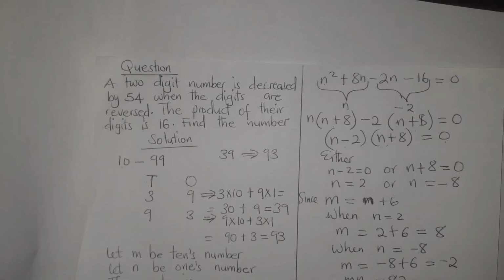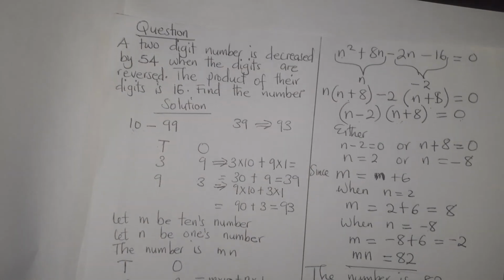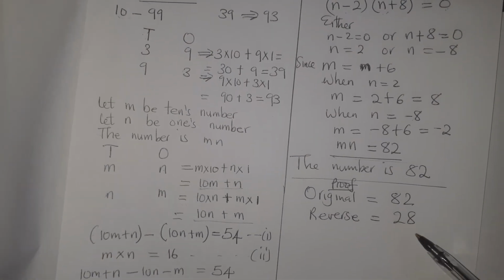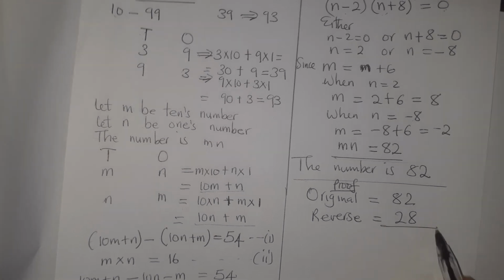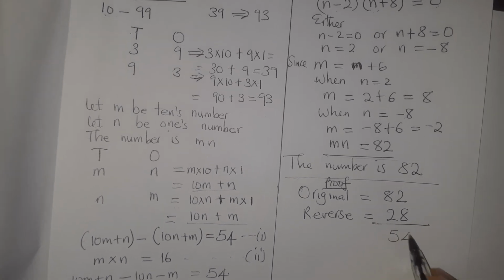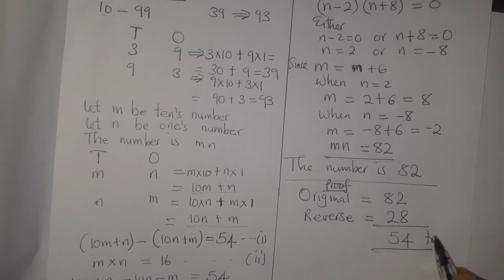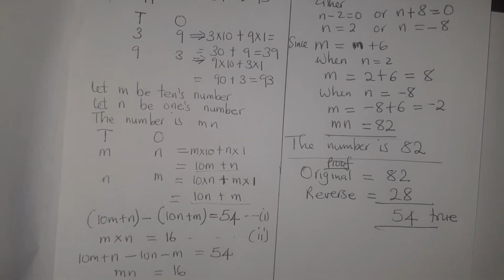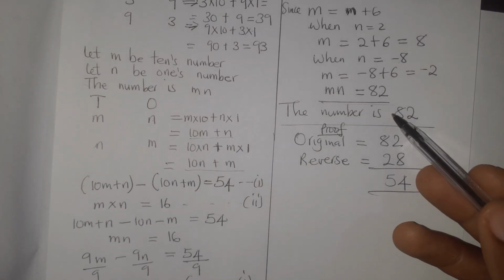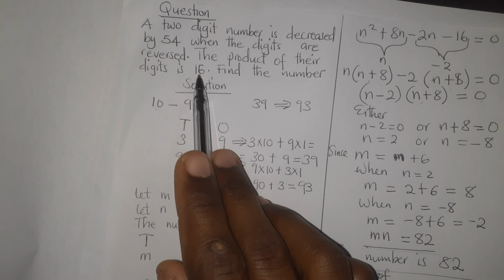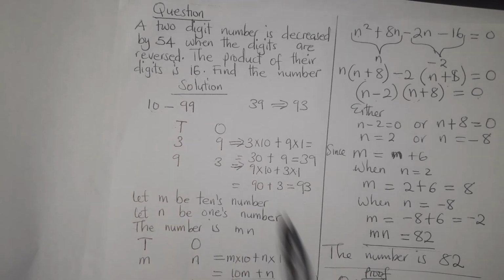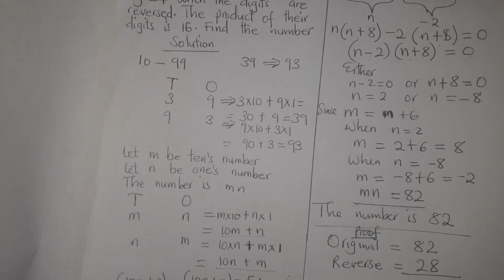Now, the number is decreased by 54. That means 82 minus 28, we get 54. This is true. And the product of 2 and 8 is 16. So that's how we can answer that question.